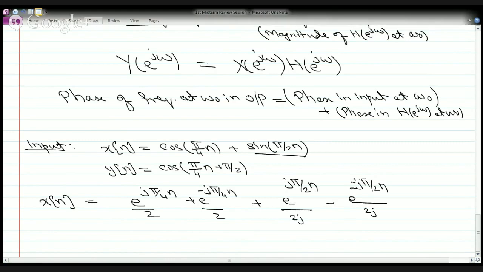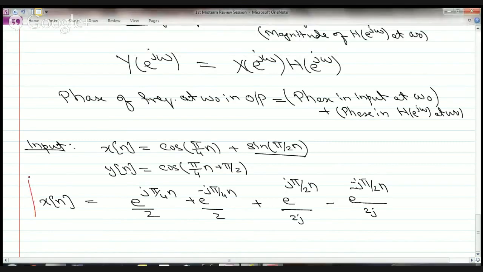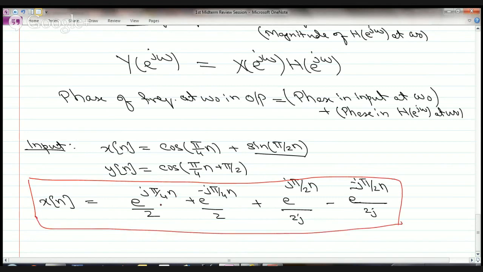So this is my input. At the input, I have 4 frequencies. I have omega naught equal to pi by 4. I have minus omega naught, which is equal to minus pi by 4. This is due to the cosine. Then I have omega 1, which is pi by 2. And then I have minus omega 1, which is minus pi by 2. I have 4 frequencies at the input.